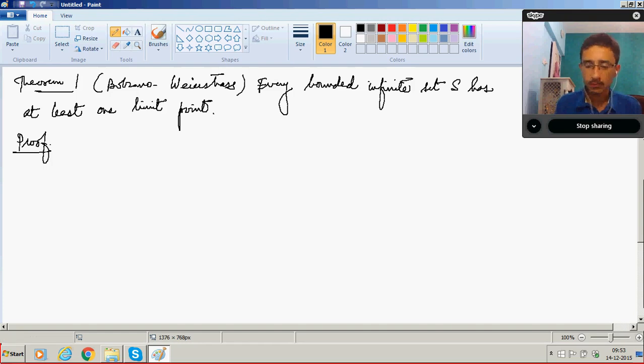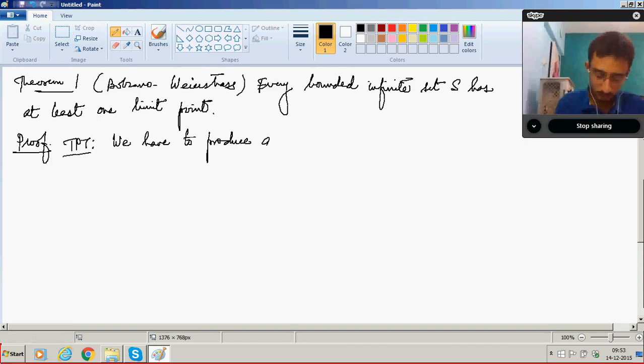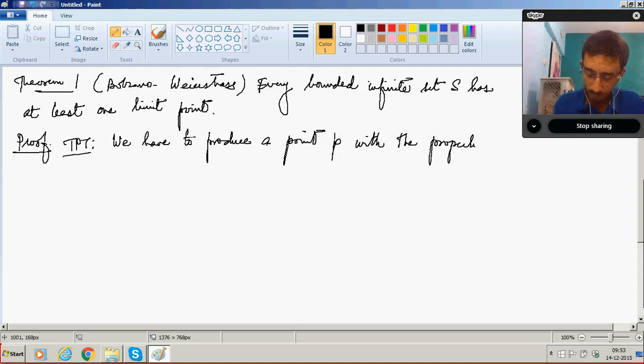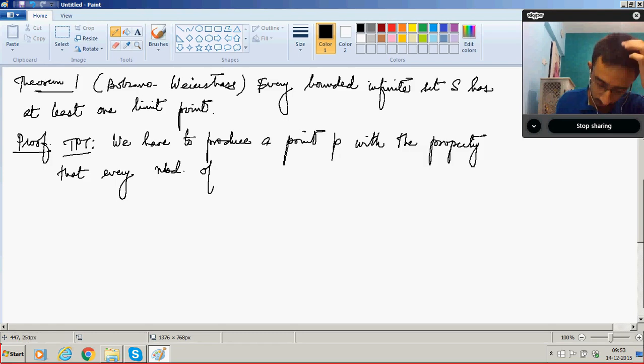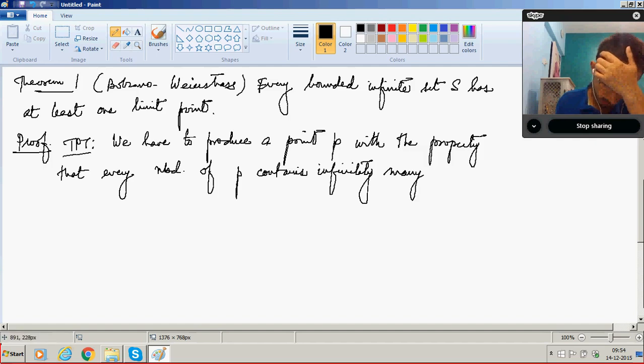So, proof means that we have to produce a point P with the property that every neighborhood of P contains infinitely many points of S.